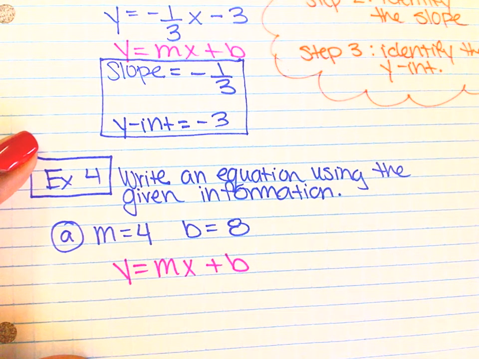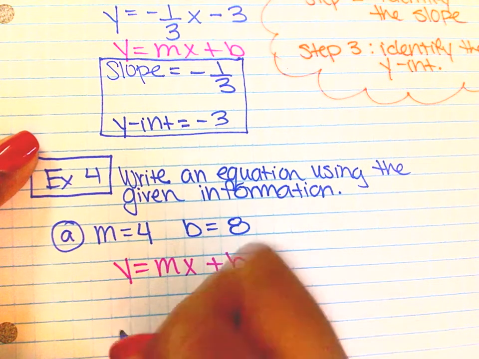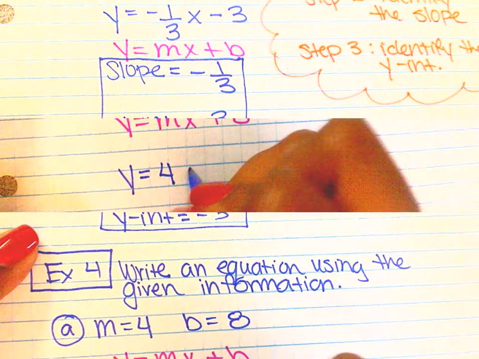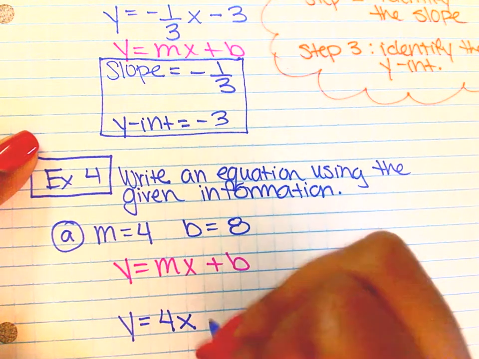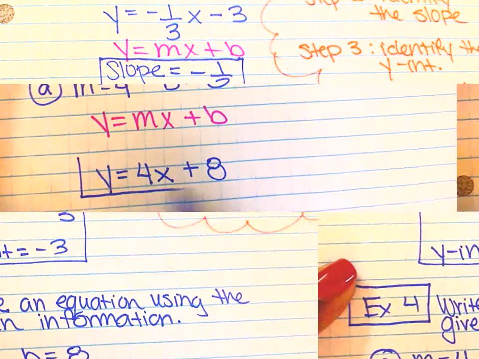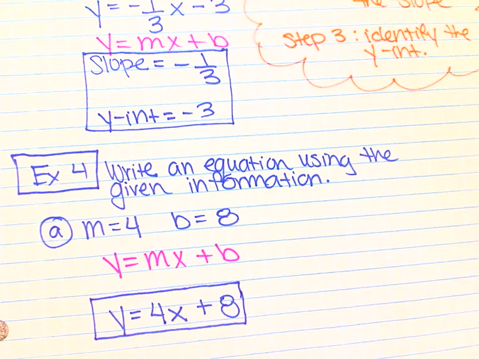So now I just need to substitute in those numbers, right? Y equals m is 4, x plus b is 8. Done. Is that easy or what? Yes. Super easy. You're just substituting in the information that they give you and putting it in that slope-intercept form equation. Y equals mx plus b.